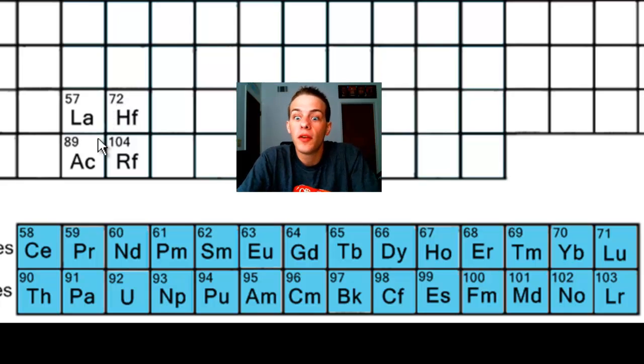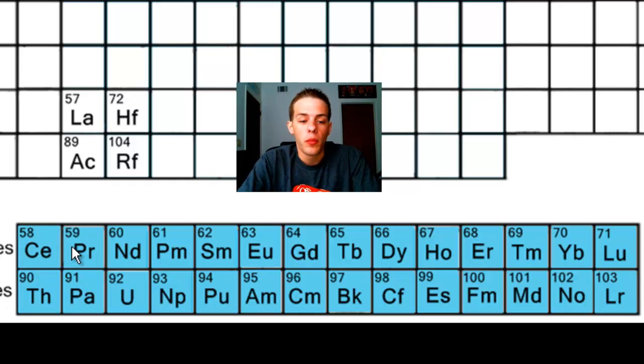And so it's like, where did 58 through 71 go? Well, the answer is they're right down here. 58 through 71, these are what we call the lanthanides. And then the same thing is true for the next period down. We have actinium over here, element 89, and then it jumps right to rutherfordium, element 104, and 90 through 103 are right down here.